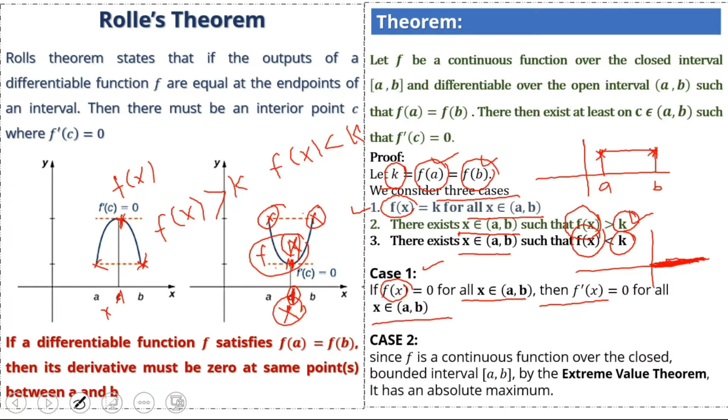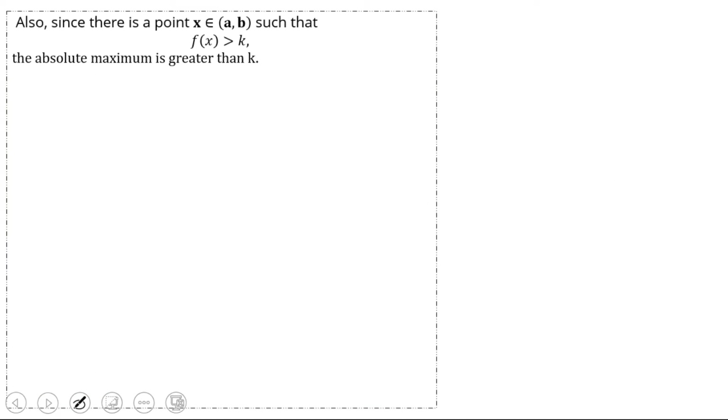Okay, next case, case number 2. Since f is a continuous function over the closed interval or the bounded interval, then by extreme value theorem it has an absolute maximum. Since there is a point x belongs to the open interval such that the value of the function at x is greater than k, the absolute maximum is greater than k.